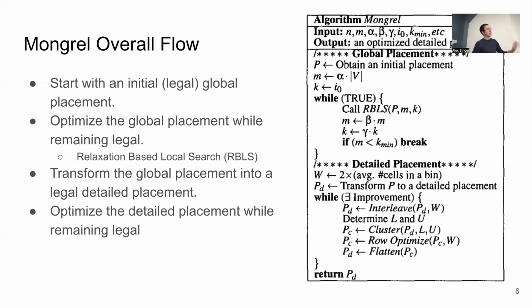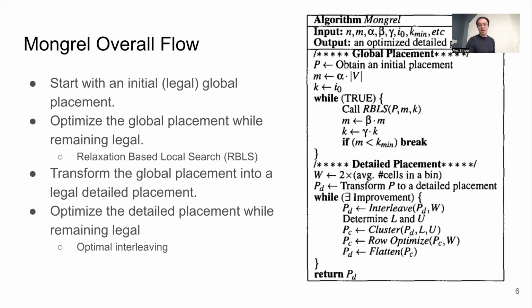We're going to talk in depth about this, but this relaxation-based local search is going to take a part of the legal solution, pull it out, optimize it using analytical-type techniques, and then re-legalize just that small subsection. An overarching theme from this paper is that they will only ever make choices that improve the placement.